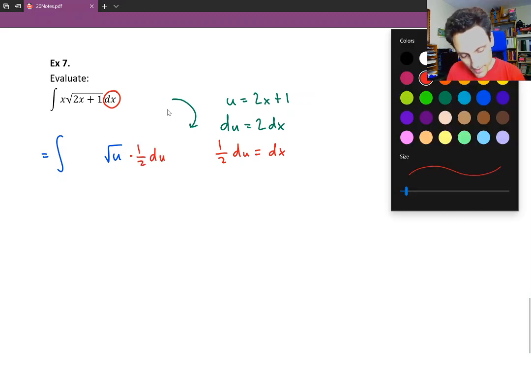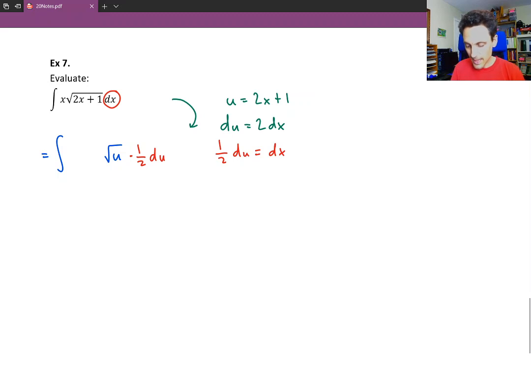But then the problem is, what do we do about the x? Our new integral has to be all in terms of u for this to work. We can't have mixed x and u inside of an integral. It has to be all with respect to just a single variable. Well, to deal with the x, what we could do is use this original setup that we had between u and x.